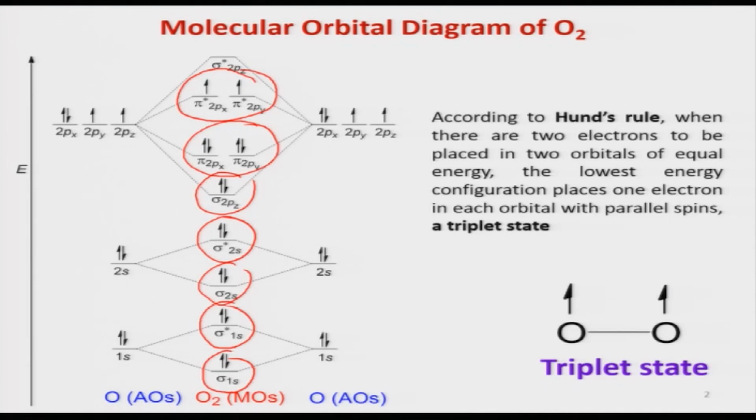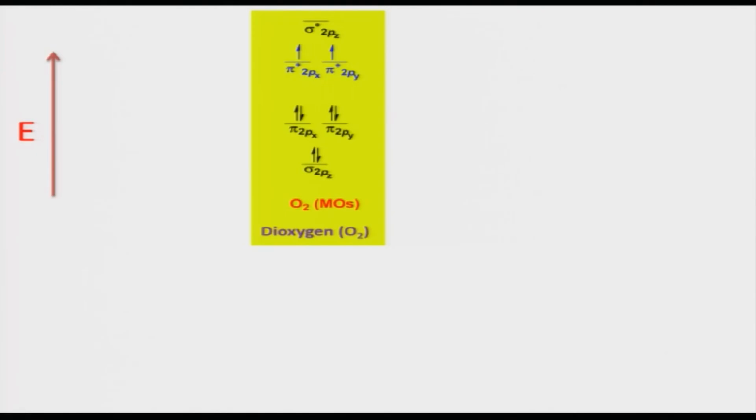So, 2 unpaired electrons, so we call it a triplet state. So, molecular dioxygen is in triplet state. As you can see, the antibonding orbital has 2 unpaired electrons, and that is why we call it triplet state.